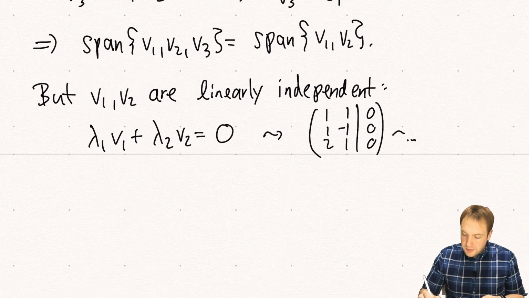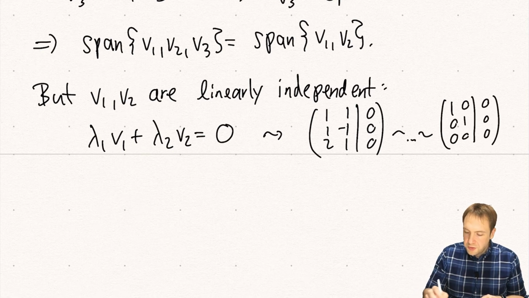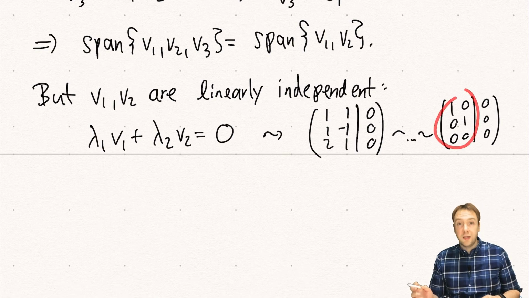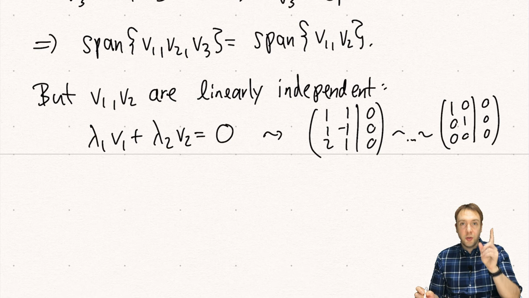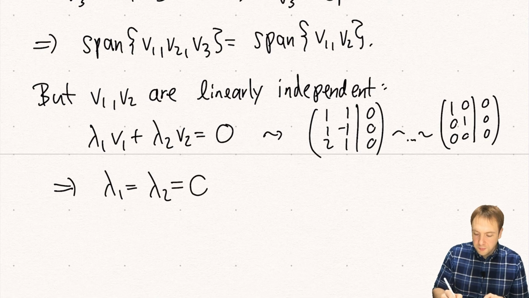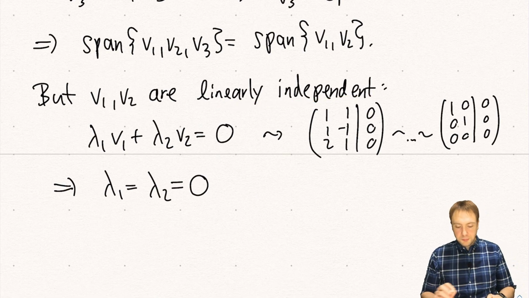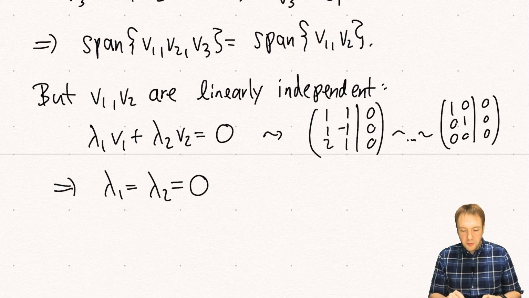And then doing the same calculations, we would see that in this case the row-reduced echelon form looks like this. And here we see there's no free variable, so there's just one unique solution, namely lambda 1 equals lambda 2 equals 0. And therefore they are linearly independent. So this means I cannot write v1 in terms of v2.